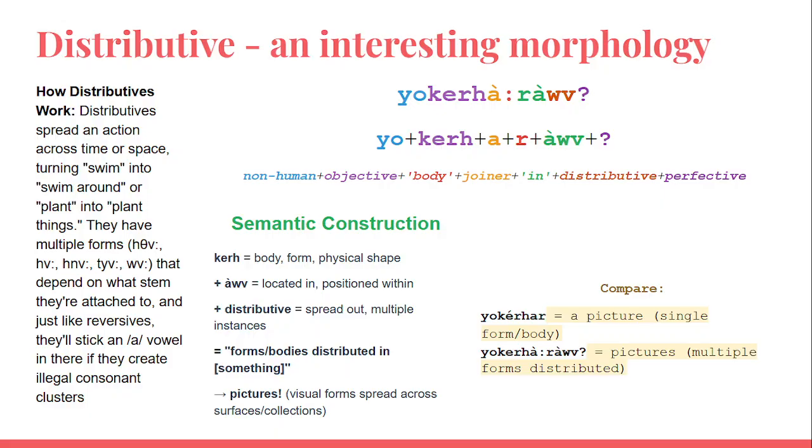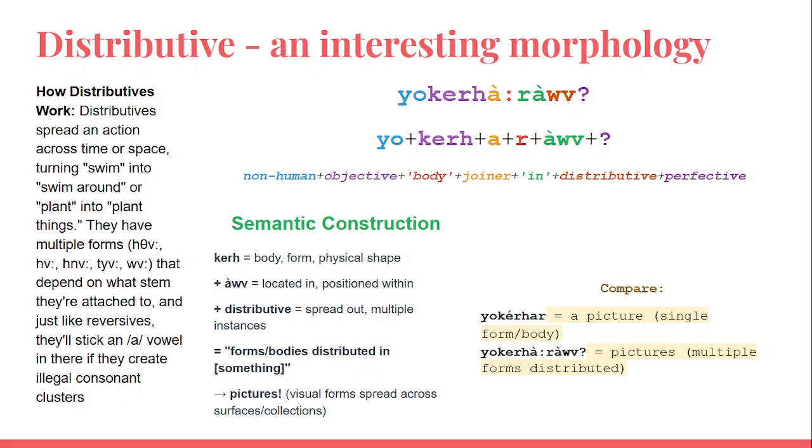And then I wanted to put this one up because this is a really interesting one. This one is about a photo and how the word for photo is constructed. So photo is essentially a non-human object body, right?